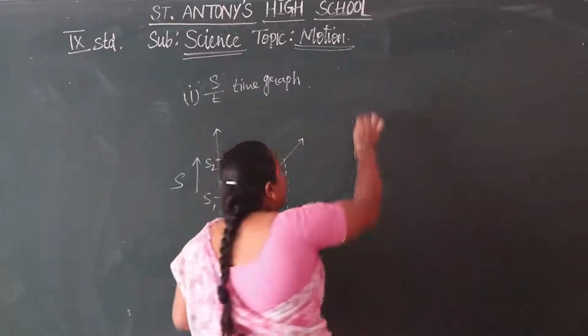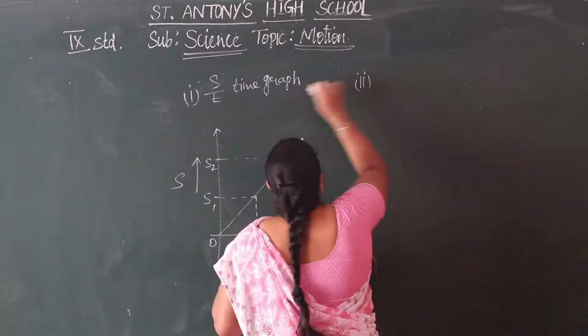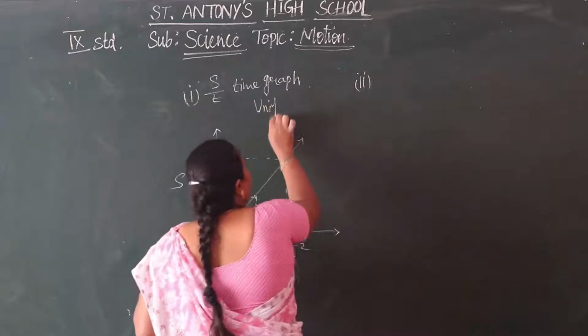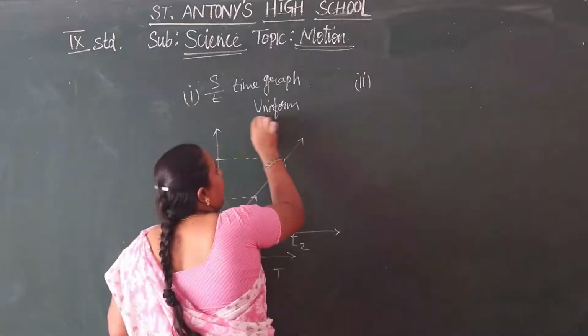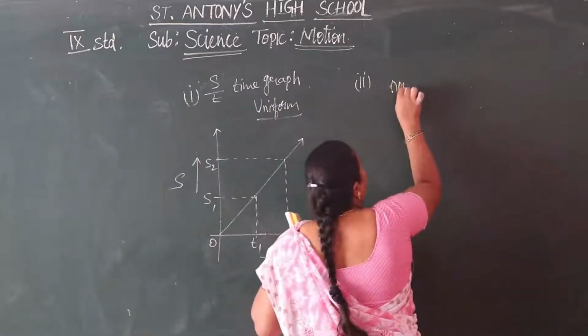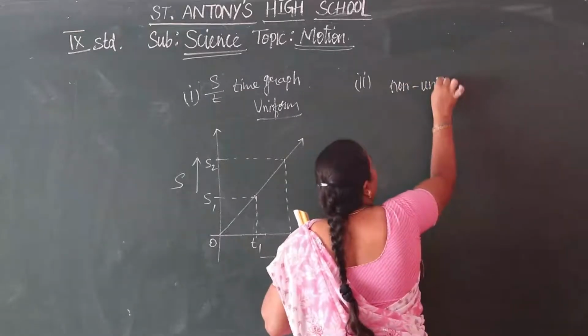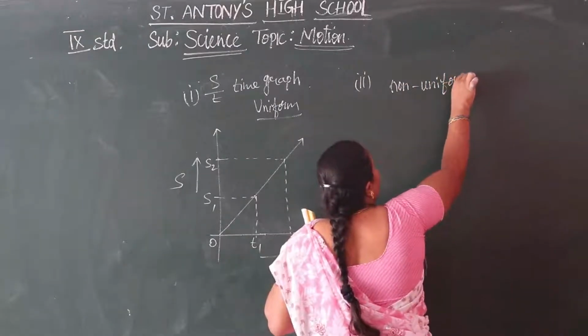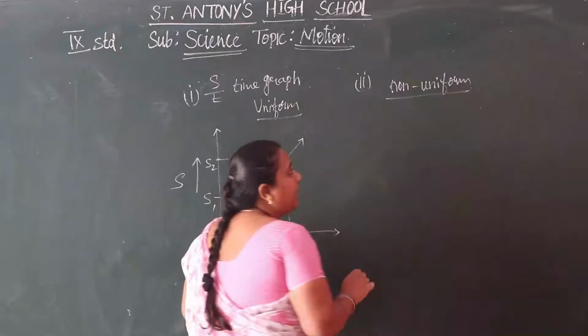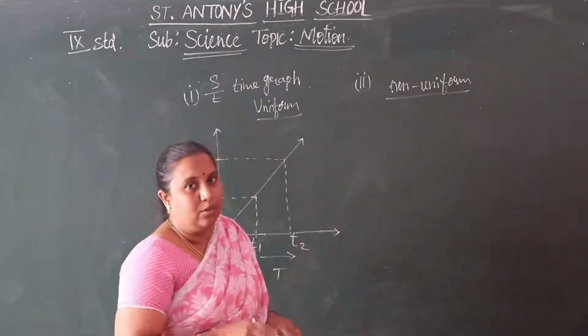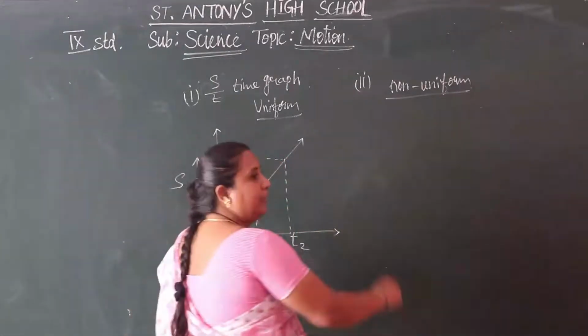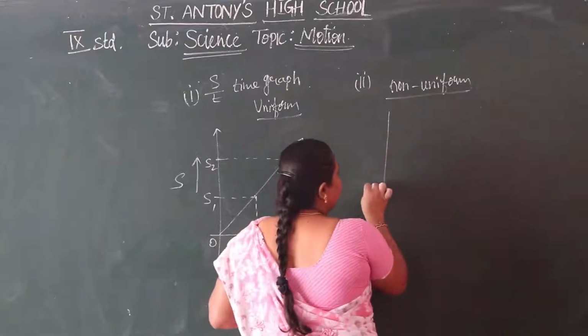Let us see that. This is the S by T graph for uniform motion, and now you can see non-uniform motion. For non-uniform motion we can have two graphs.